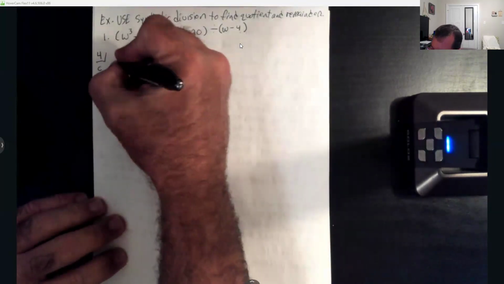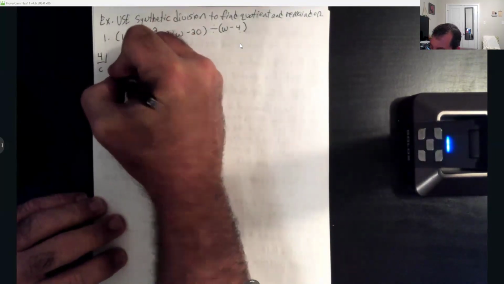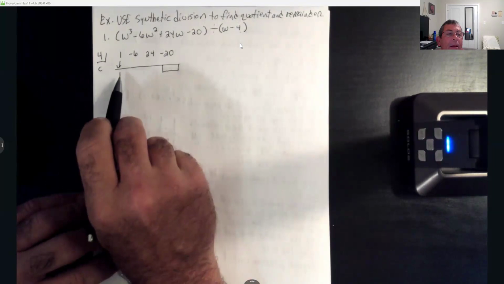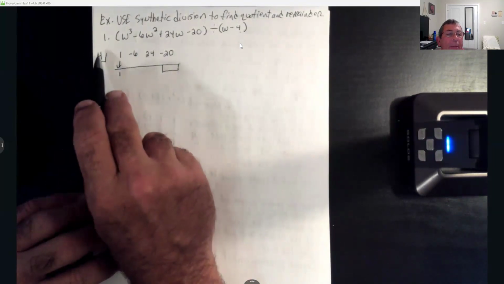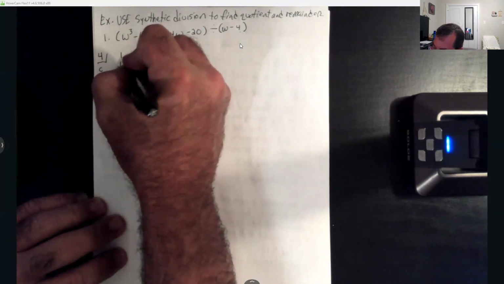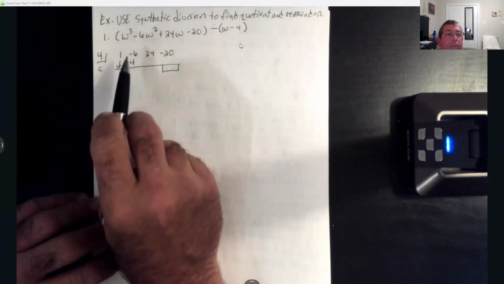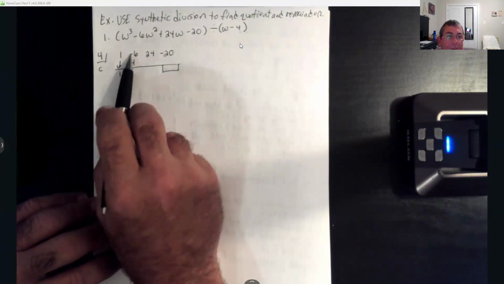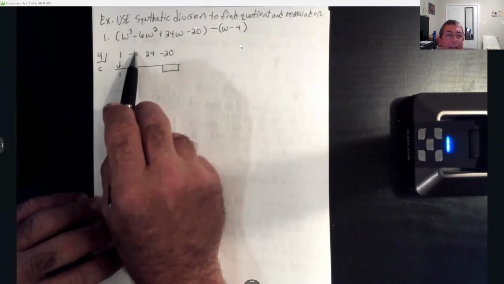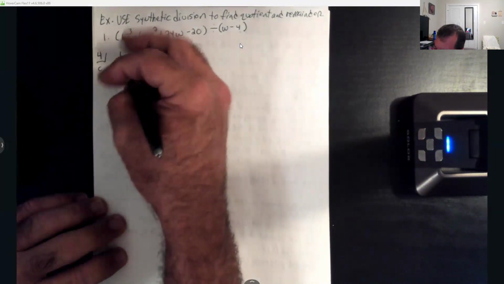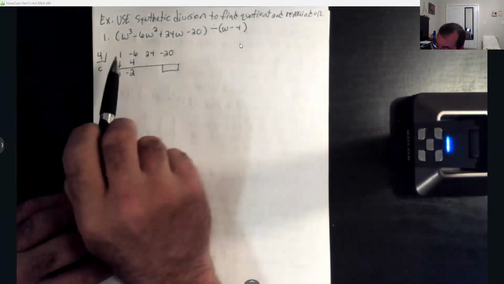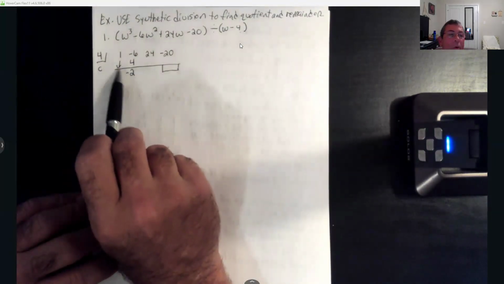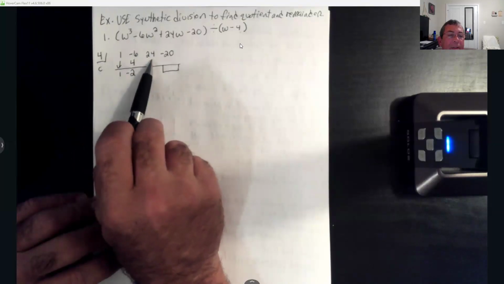So here we go. We're going to bring the first number down below the line. Then we'll multiply to get the next column. So 1 times 4 is 4. Add this column now. Negative 6 plus 4 gives me a negative 2. Now I multiply by C and get the next row.